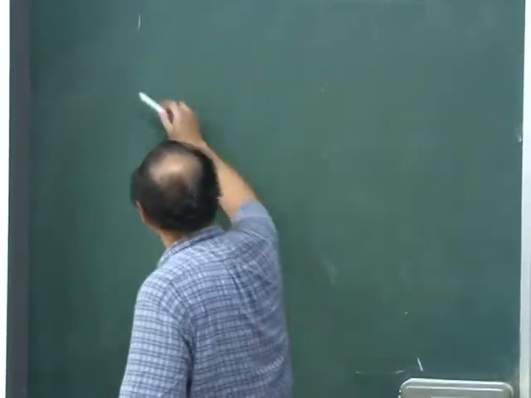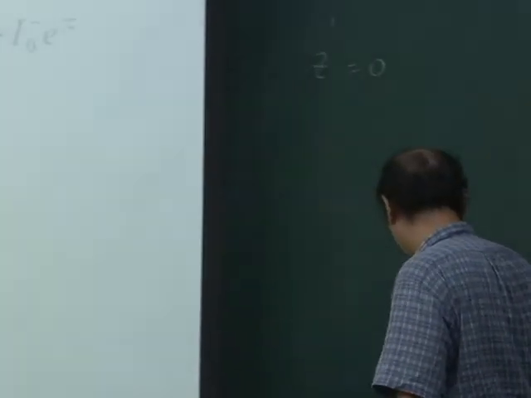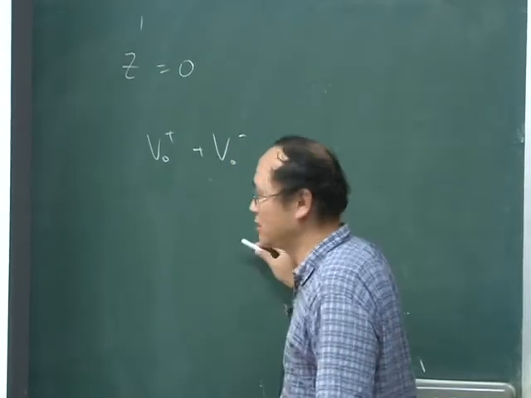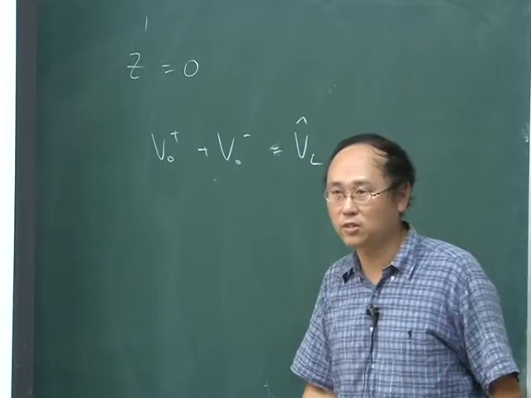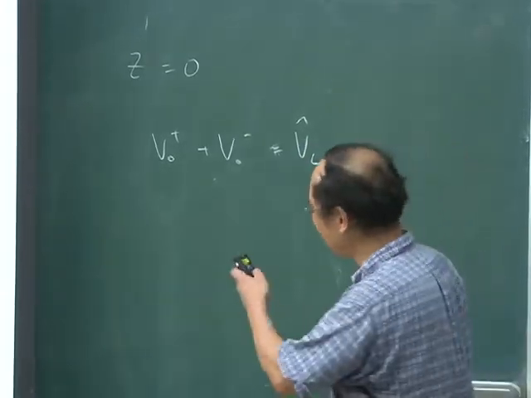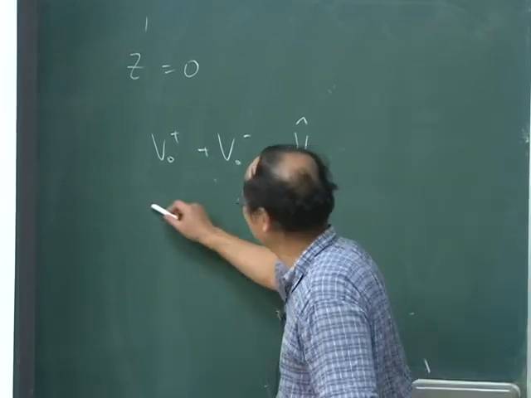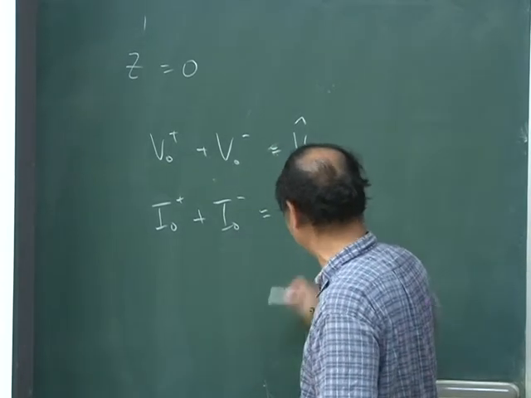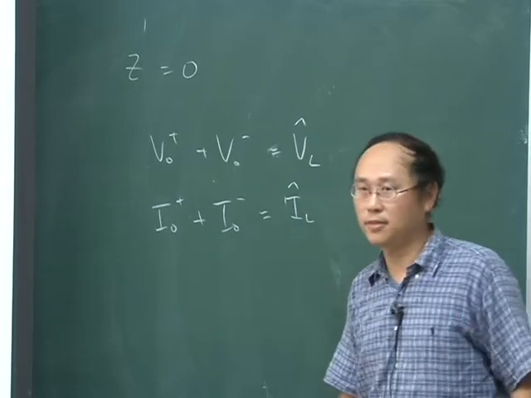Then you end up having V0+ plus V0- equal to the phasor V_L. Now again, putting z equal to 0 into the current expression, you have I0+ plus I0- equal to the phasor I_L.